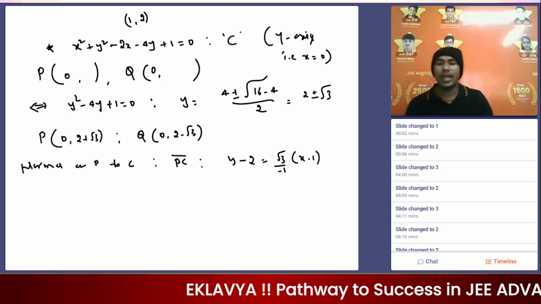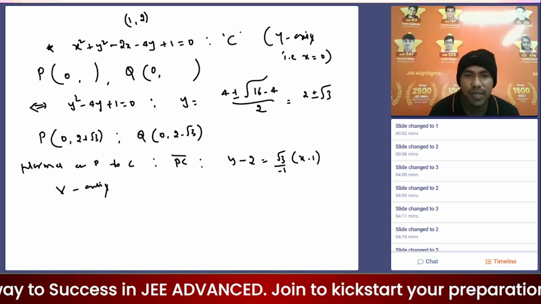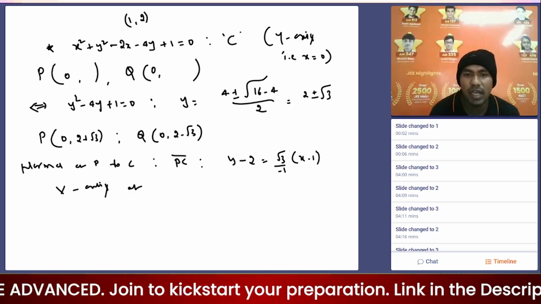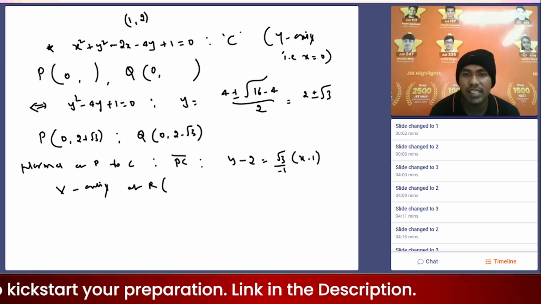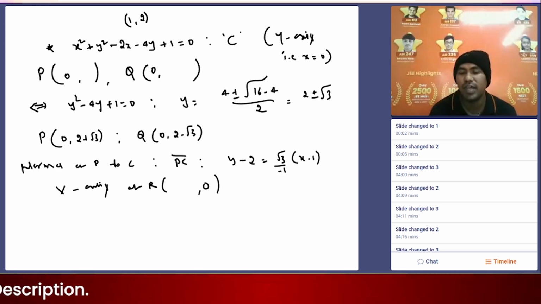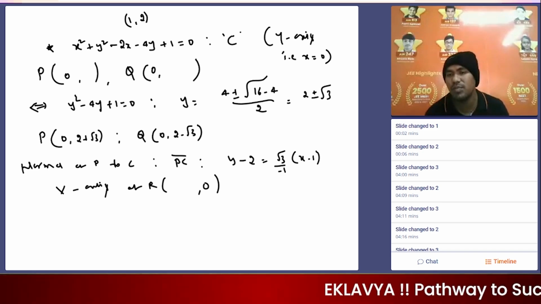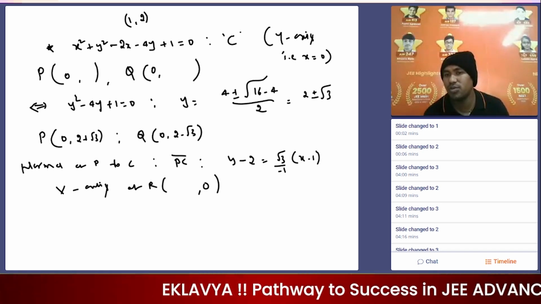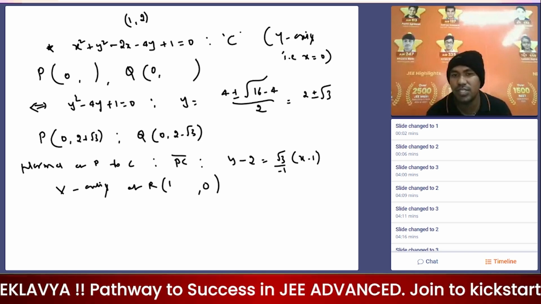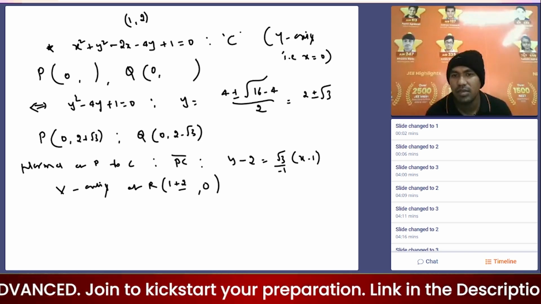Okay, so they mentioned this normal meets the x-axis at point R. That means meeting the x-axis, the y coordinate is going to be 0. So if you substitute y equals 0, from here you will get the x value. The x value will become 1 plus 2 by root 3, right? 1 plus 2 by root 3.